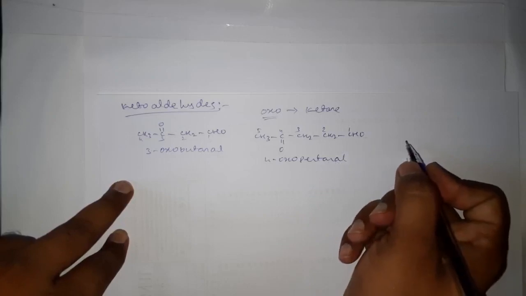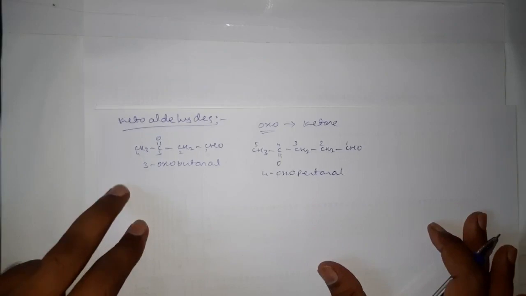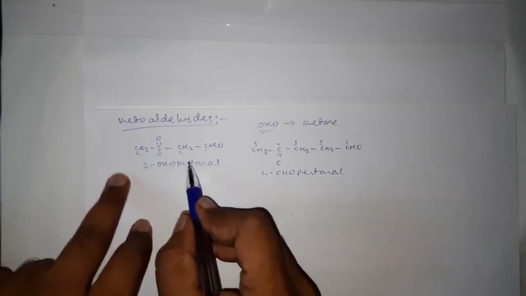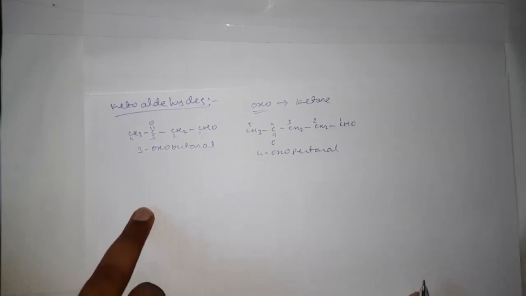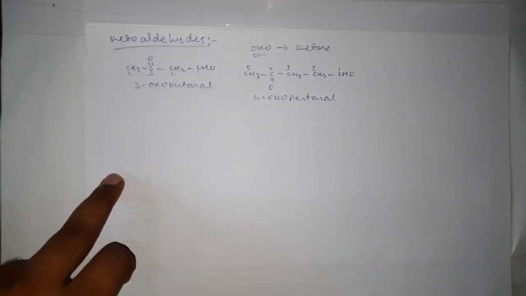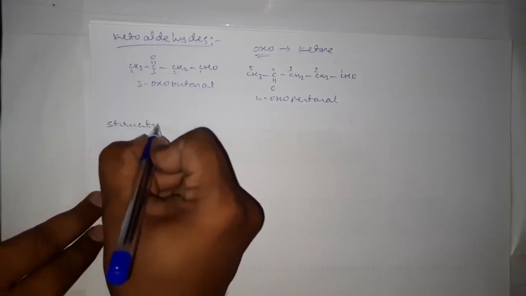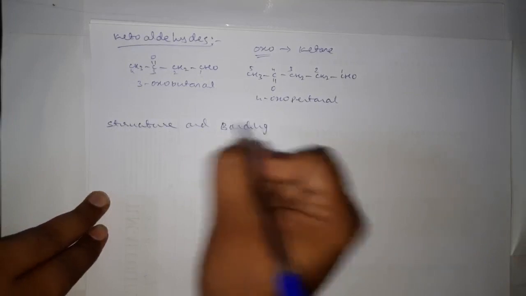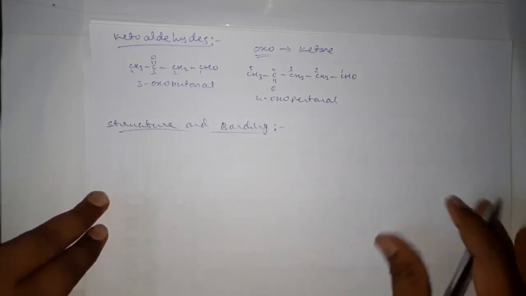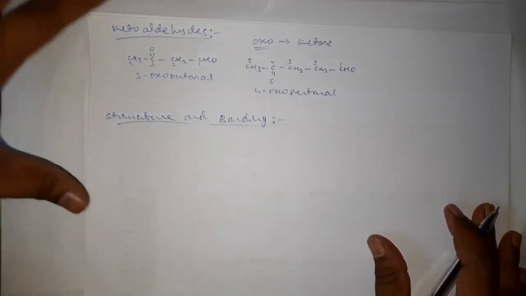4-oxo-pentanal. Okay, this is all about the nomenclature system for organic compounds which are containing both aldehydic and ketonic groups. Okay, then now we have to discuss the structure and bonding in aldehydes and ketones.